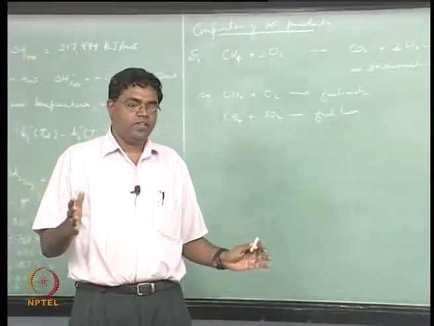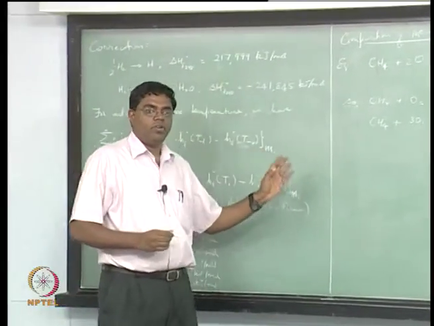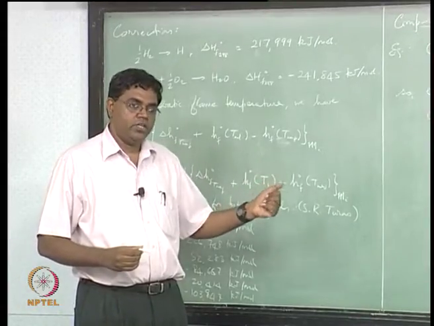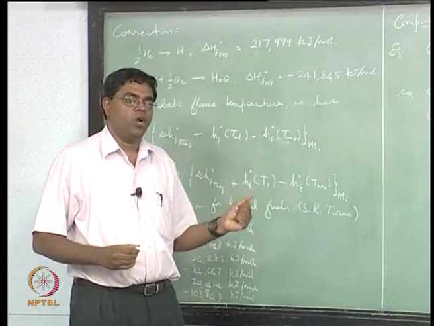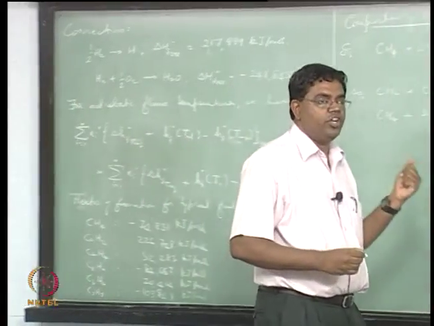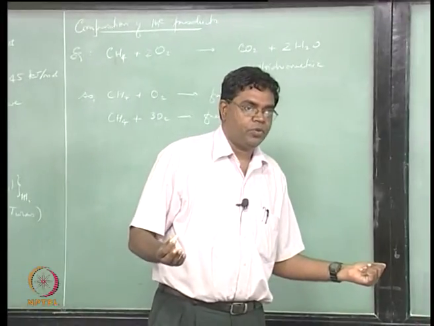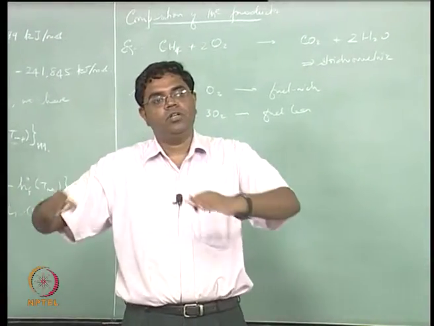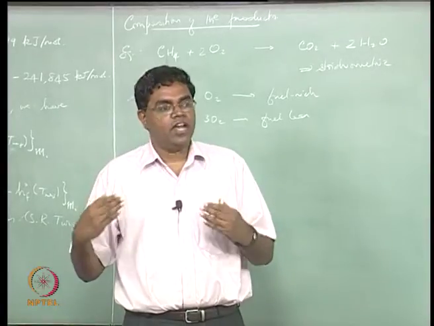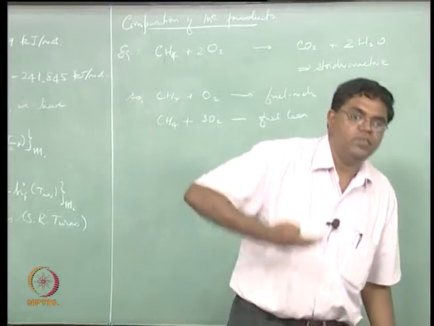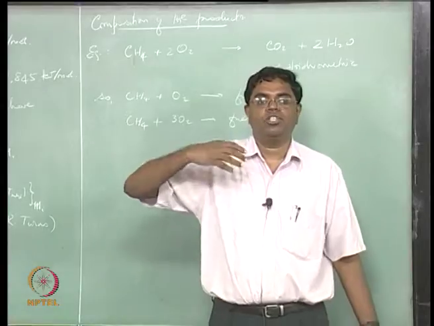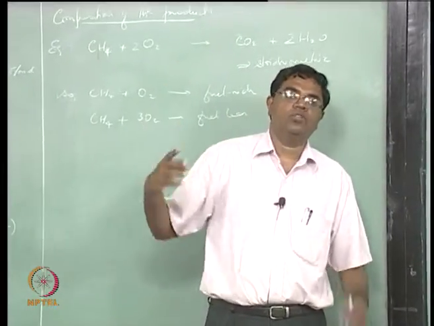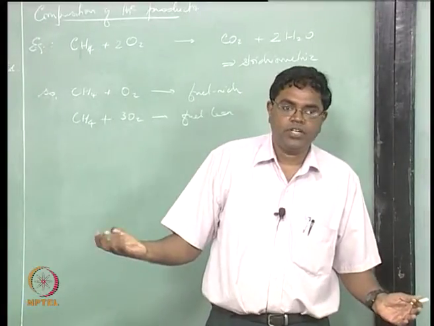So what it means basically is near the stoichiometric condition, I am not saying at, and let me qualify that a little bit, near the stoichiometric condition is where we can expect to have the highest adiabatic flame temperature. Off stoichiometric conditions the adiabatic flame temperature drops, because you are having excess of one of those reactants that also needs to be heated up to the adiabatic flame temperature, therefore you do not get up to that high an adiabatic flame temperature as you would without the excess reactant, right.